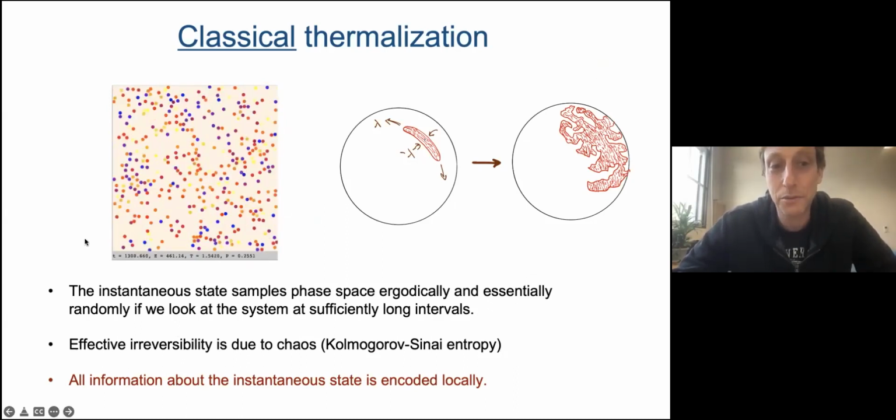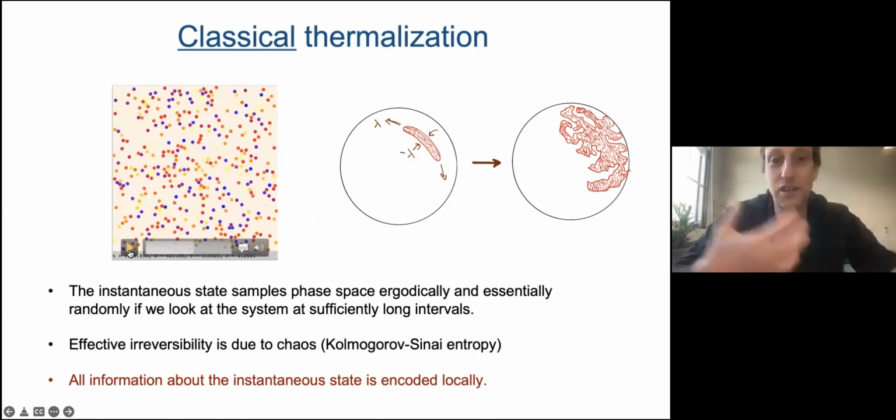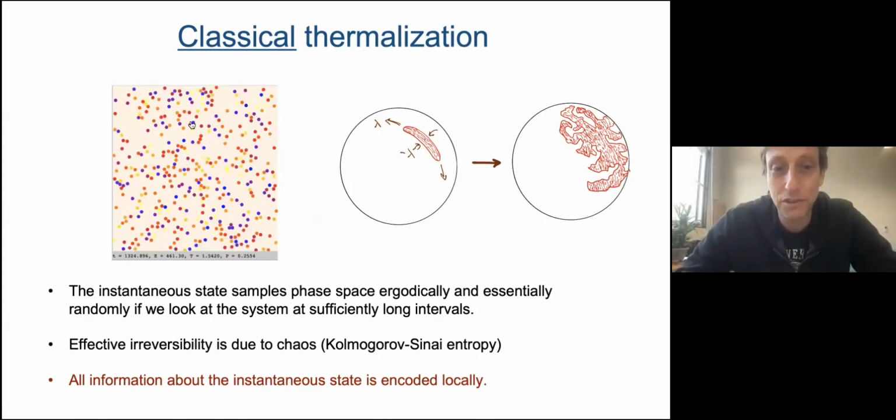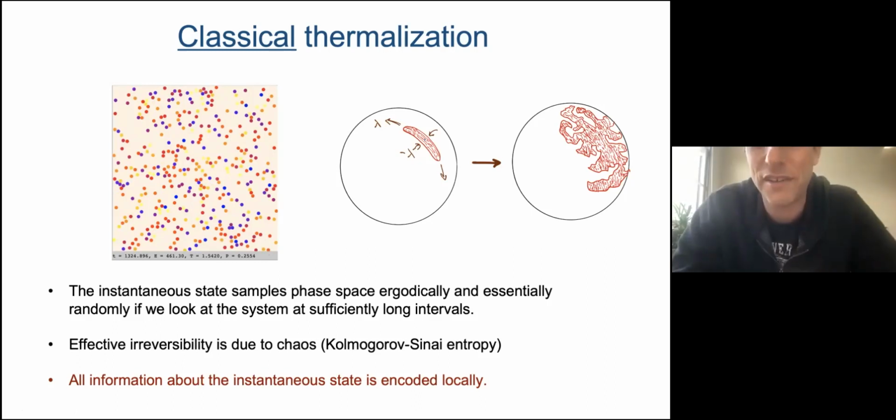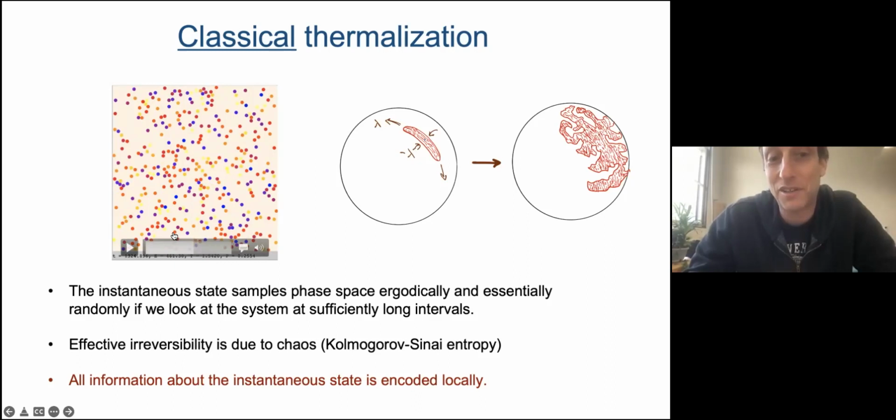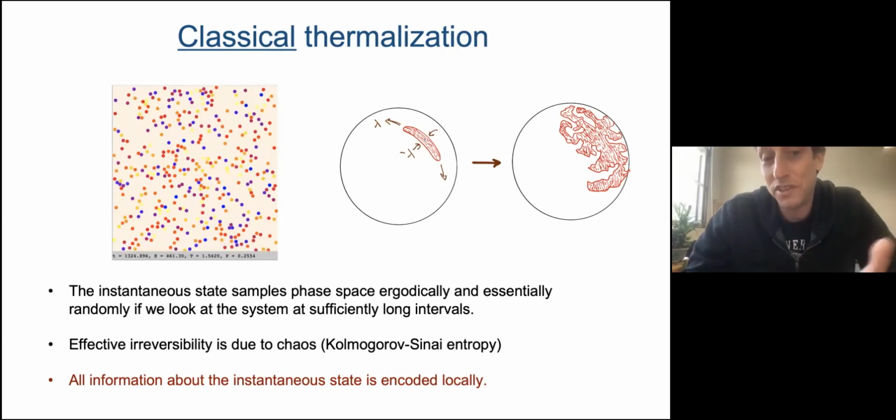So classical thermalization is basically randomization of the state, but it's important to understand that if you take a snapshot, for example reading all the particle positions and the particle momenta, then you have the full information about the state, and you can go on and evolve it. All the information encoded in that state is available to you when you look at it, and it's all encoded locally, namely in the particle coordinates and velocities or momenta.